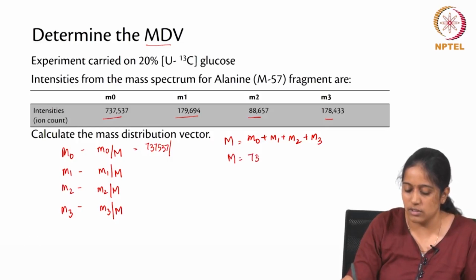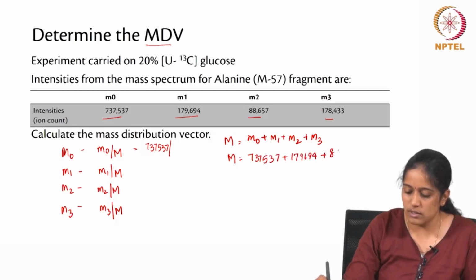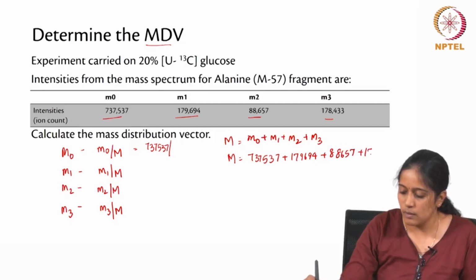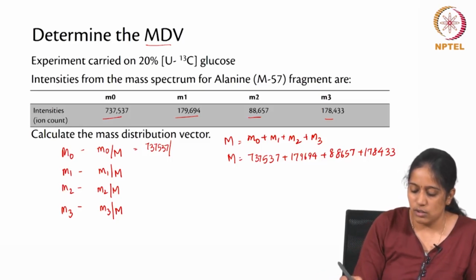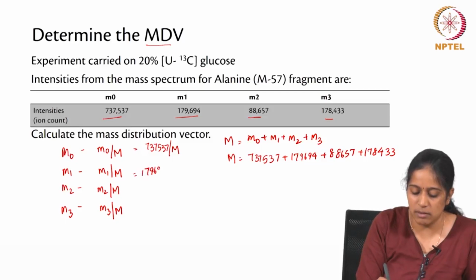So, the sum of this: 737,537 plus 179,694 plus 88,657 plus 178,433. So, this I denote as M, whatever the sum might be.